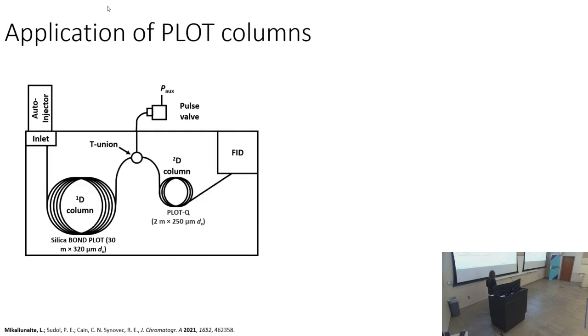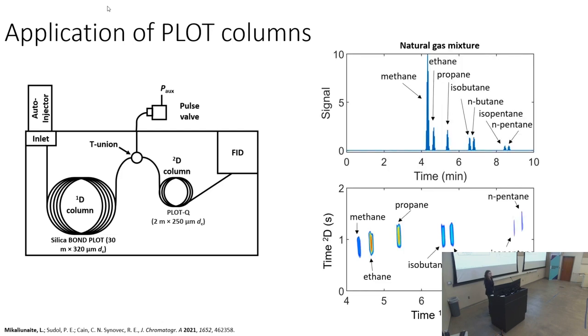As I said, when we started out, we really were looking at just creating a two-dimensional gas chromatography system with the PLOT columns. Where we started was using PLOT on both dimensions, using a 30-meter PLOT column on the first dimension and a 2-meter PLOT column on the second dimension, because what we wanted to look at was a natural gas mixture.